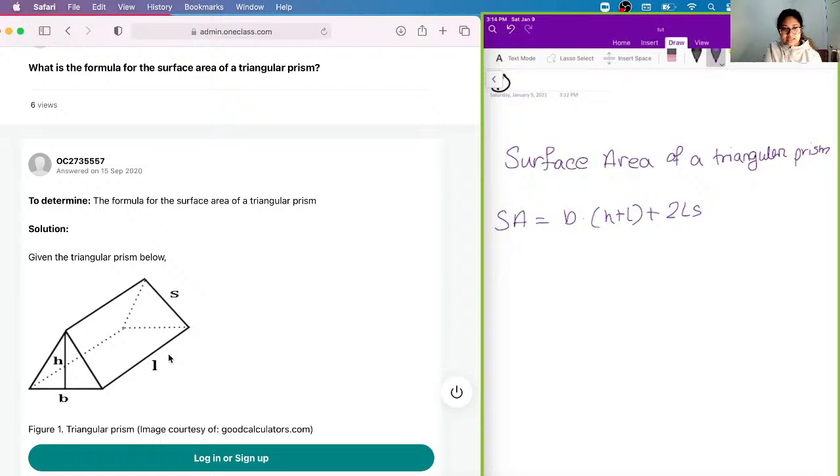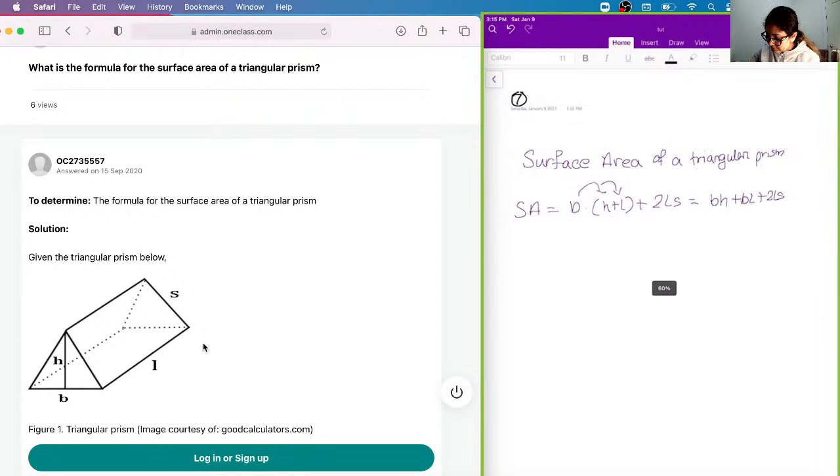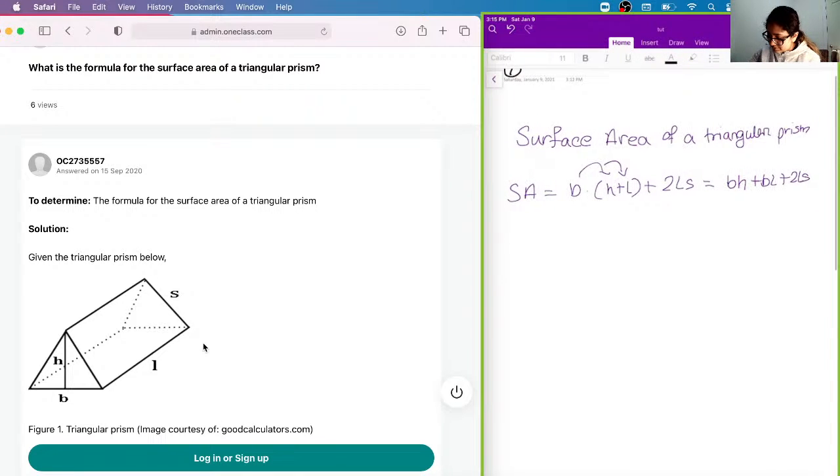We know there are 2 sides here, 2 lengths, a base, and a height, right? We can further simplify this and we would get plus 3 times length plus 2L. Right, I just FOILed this out. And so this is what you get for your surface area.